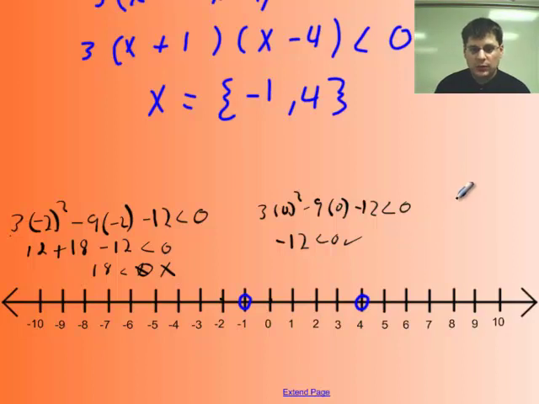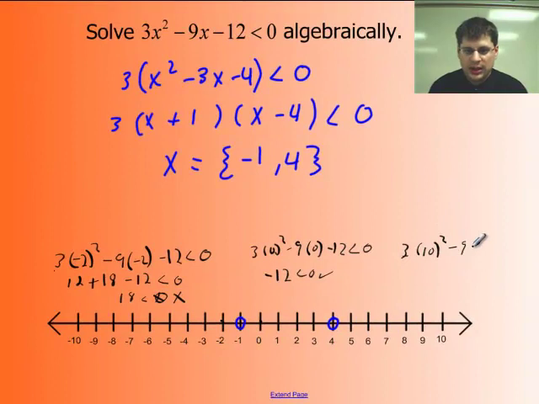And then if I choose one more on this side, let's take 10. I'll get 3 times 10 squared minus 9 times 10 minus 12 should be less than 0.